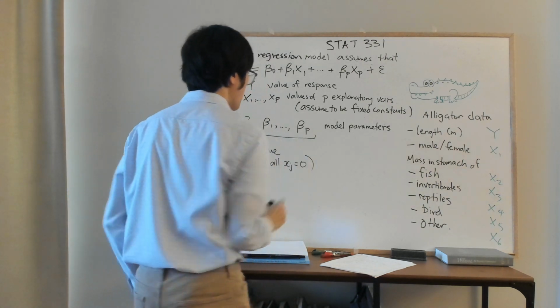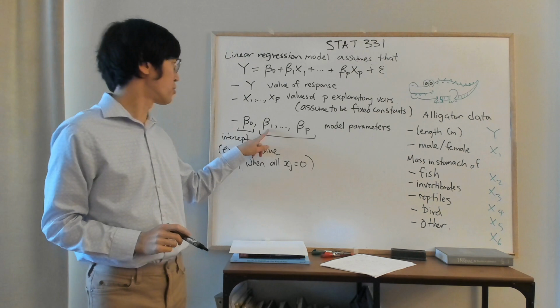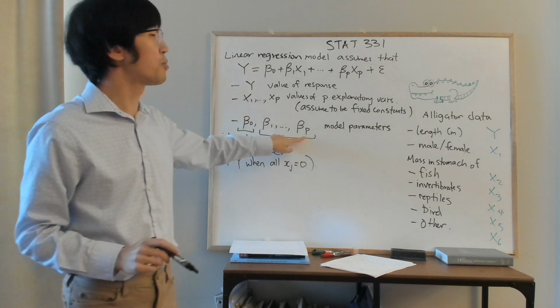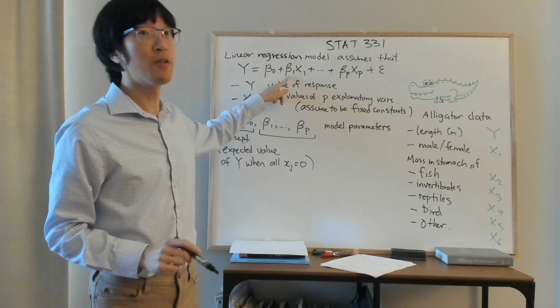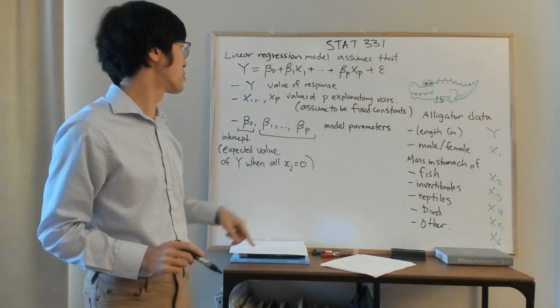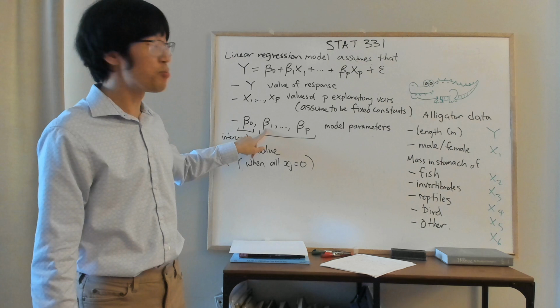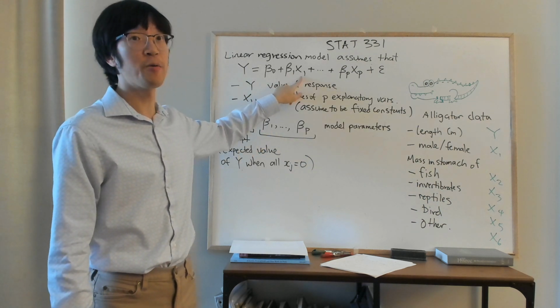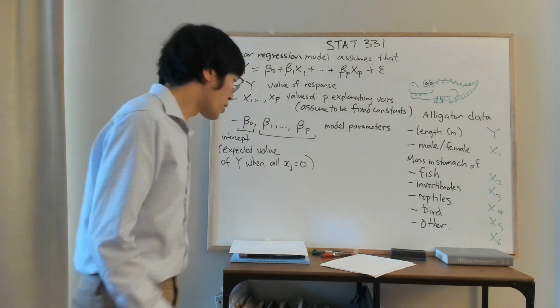And then the non-intercept parameters. You notice beta 0 is on its own, and then beta 1 to beta p is where we get the linear combination of the x's from. Each of these betas is multiplied by the corresponding value of x. How can we think of these?